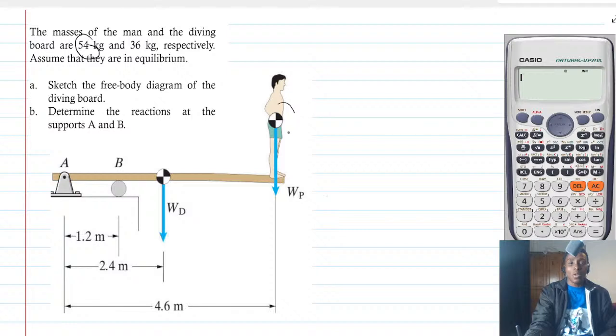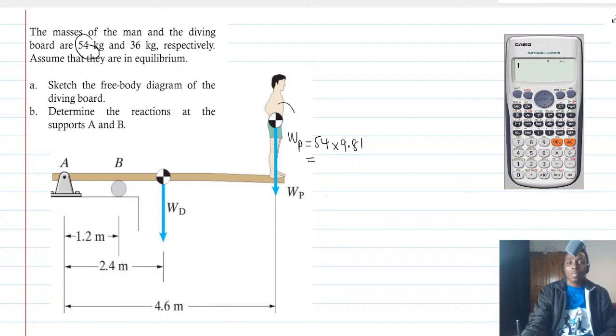Therefore, the weight is going to be what? Mass times acceleration due to gravity. Is that right? So that's going to be 54 multiplied by 9.81. And what is that? So 54 multiplied by 9.81. So let me make the calculator bigger.